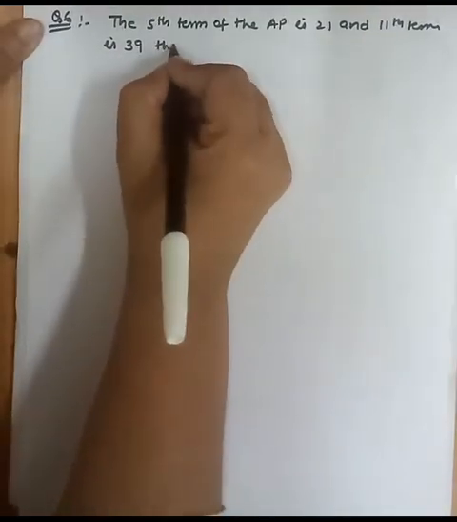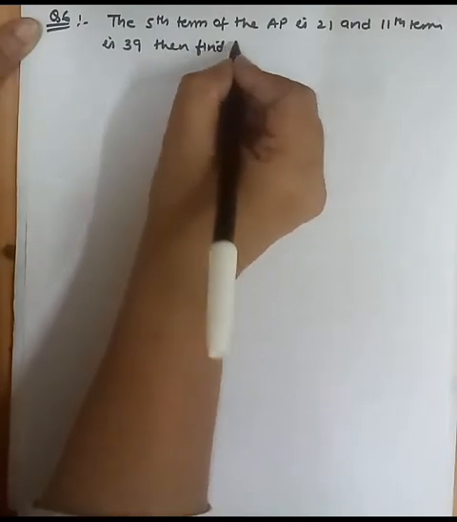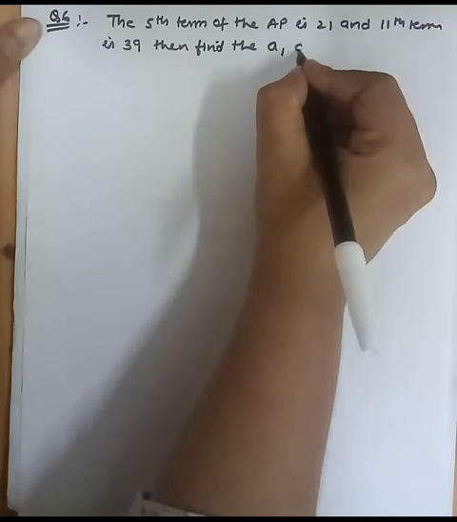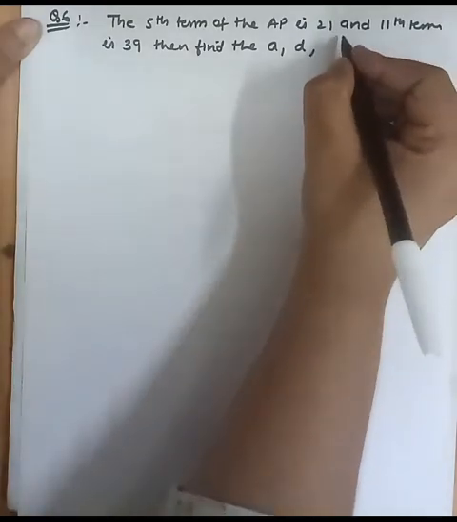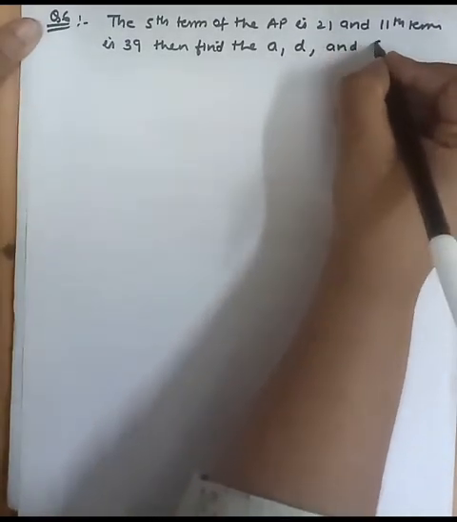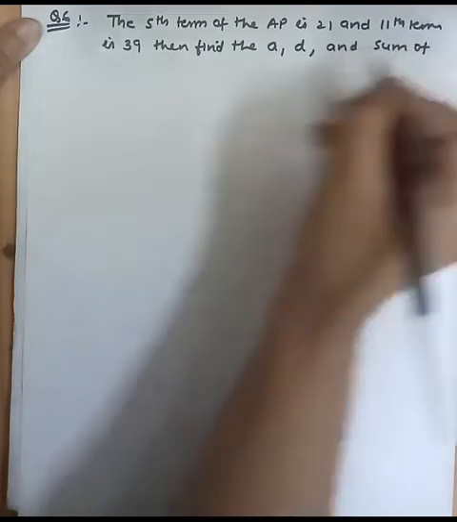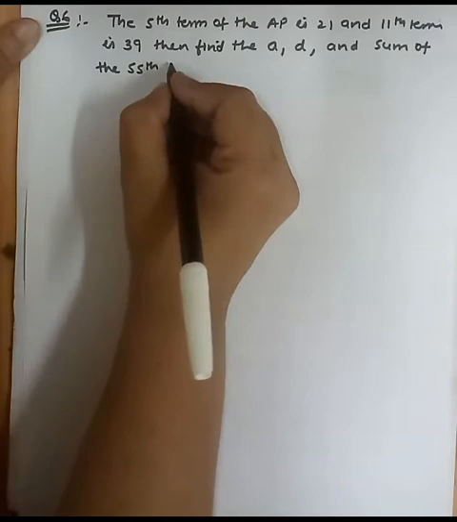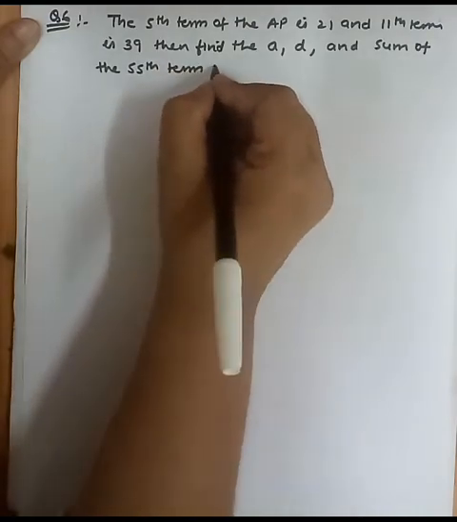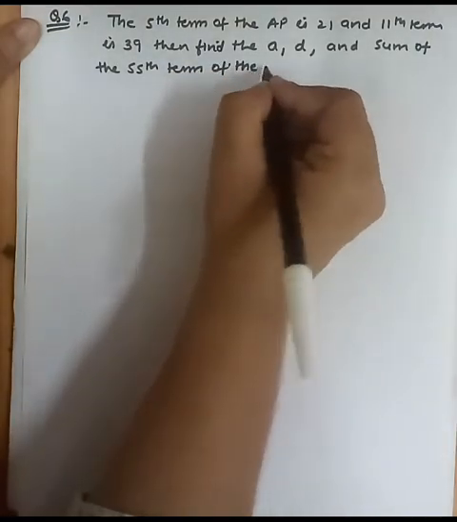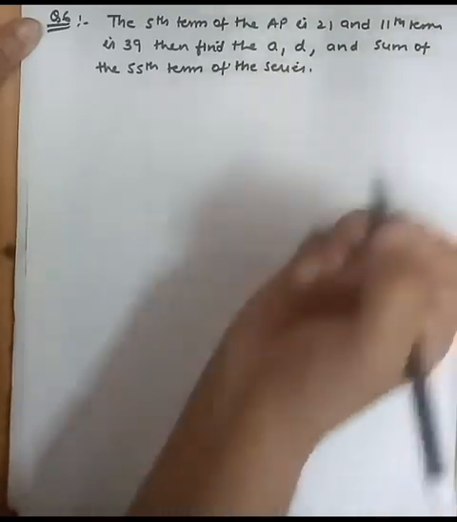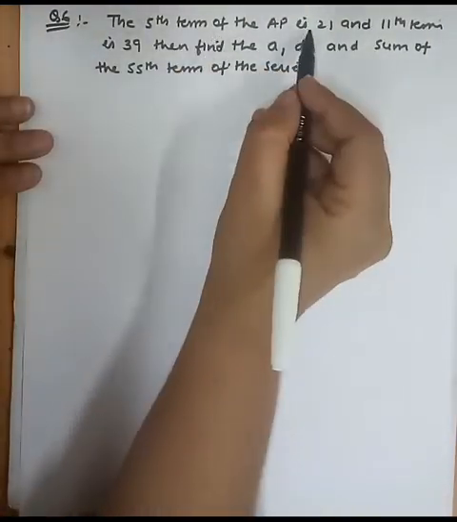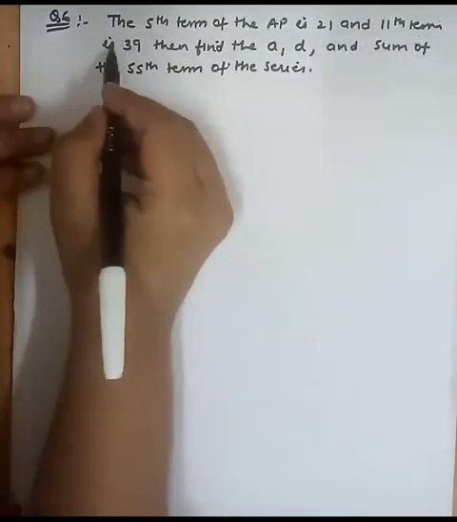Then find the first term, common difference, and sum of the 55 terms of the series. Okay, so here given the 5th term of AP is 21 and 11th term of AP is 39.